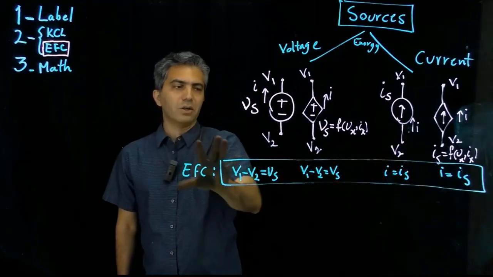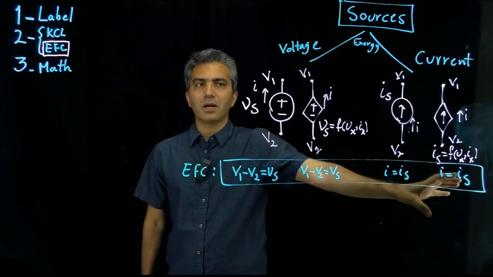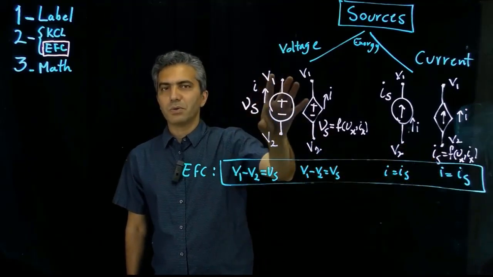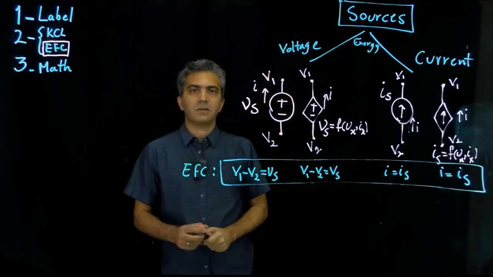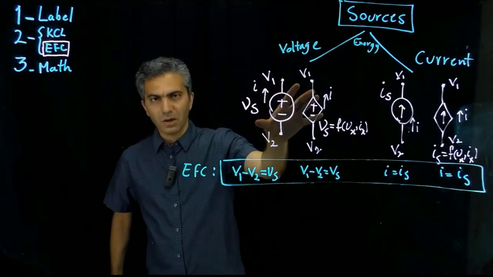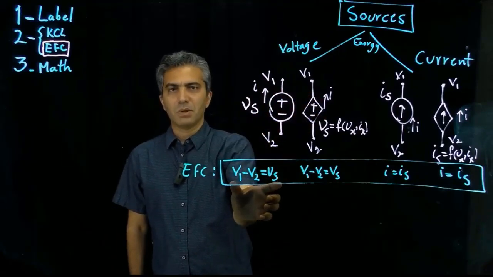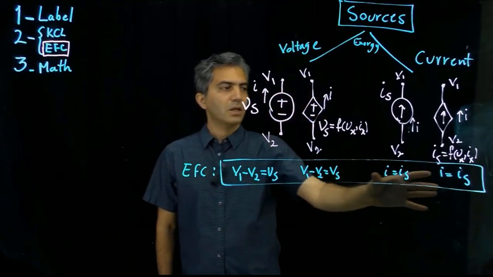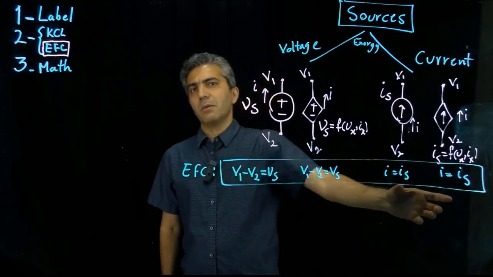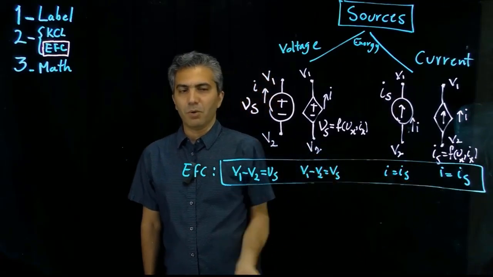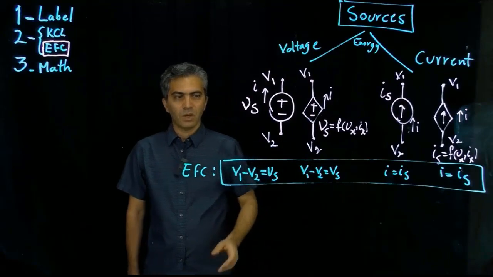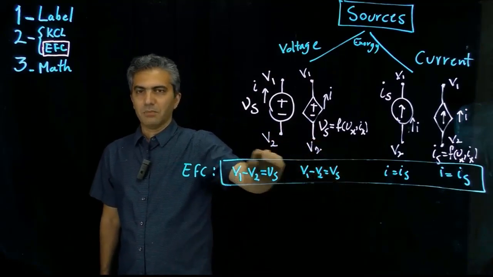These are not equations for voltages and currents. These are equations for components that define the physics of that component. In the case of a voltage source, it is just a statement about the voltage difference across. In the case of a current source, it is a statement about the current passing through the component. So keep that in mind.